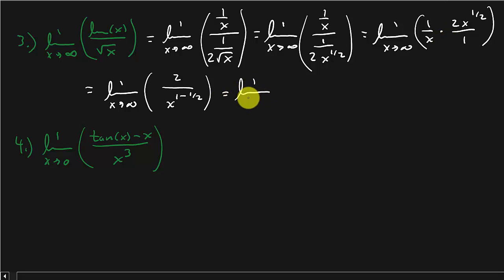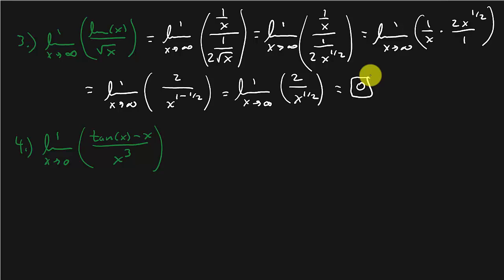So that's going to be the limit as x goes to infinity of 2 over x to the 1/2. And so now we look at this, we can see that the denominator is getting larger and larger and larger. The numerator is staying at 2, so that means it's going to 0. All right. So I hope everybody's following along.